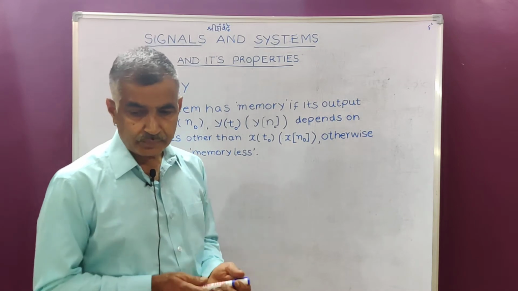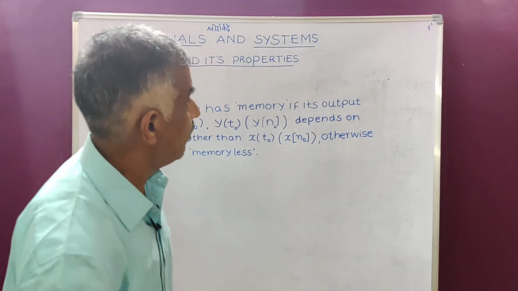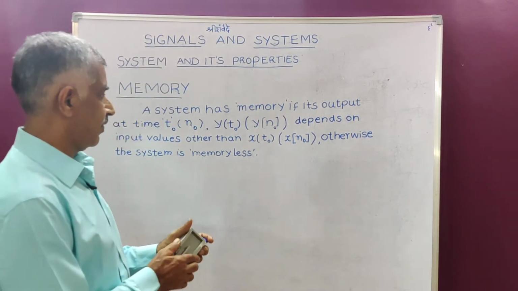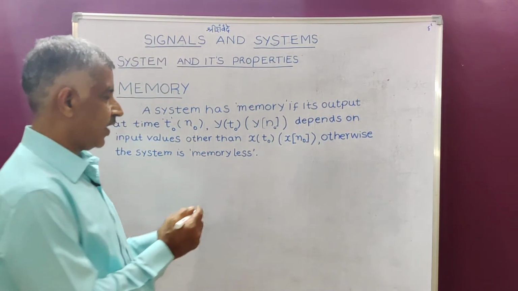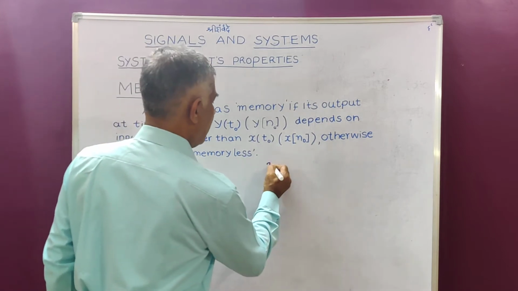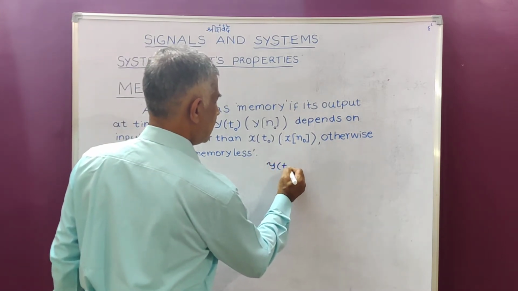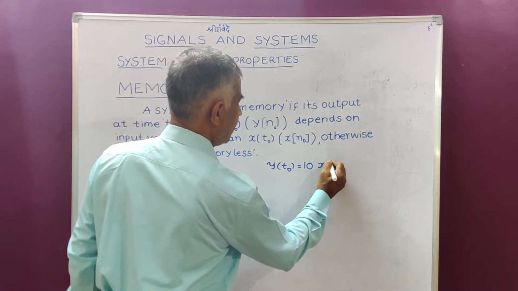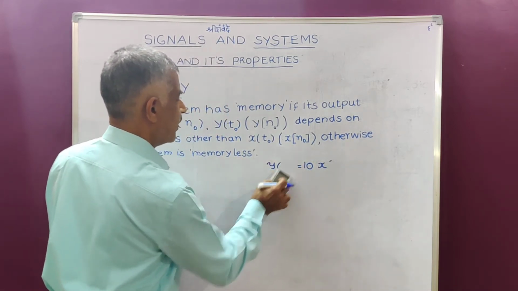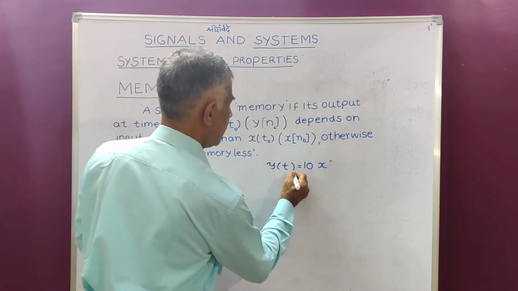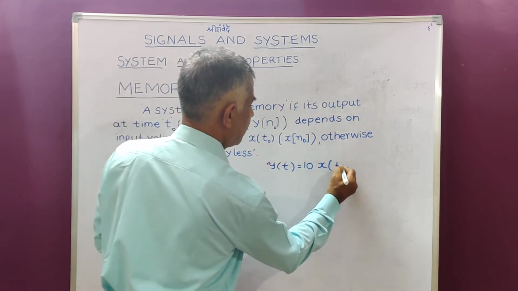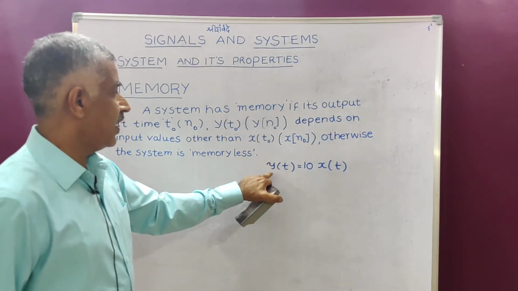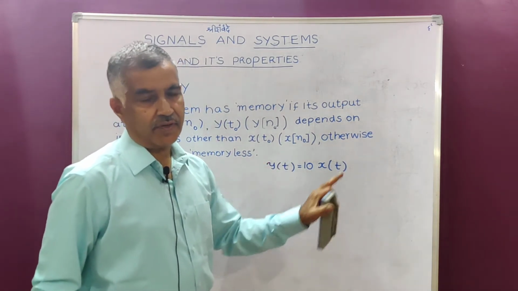Now I will explain by taking examples whether the system is memory or memoryless. The first example: y of t is equal to 10 times x of t.